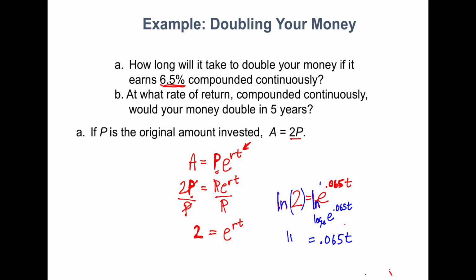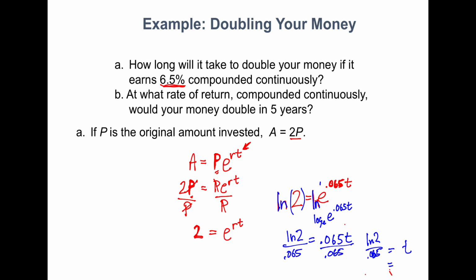And over here I have the ln of 2. That is something that can be done on a calculator. And in fact, if I want to solve for t now, I've taken it out of the exponent. And so I have t equal to ln of 2 over 0.065.